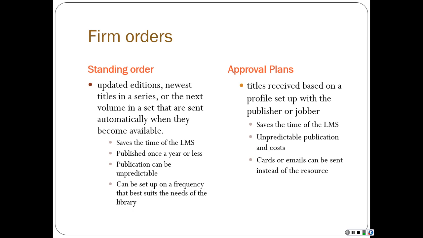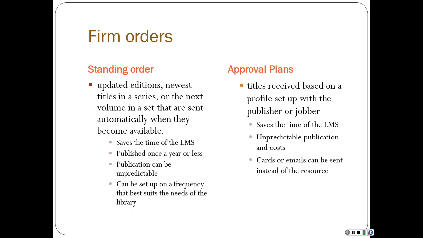If a library media specialist wants his library to have the newest edition of these titles, a standing order is the best way to ensure that they receive it without having to keep track of when new editions come out. An example of these types of resources are the Guinness Book of World Records or the Publication Manual of the American Psychological Association.